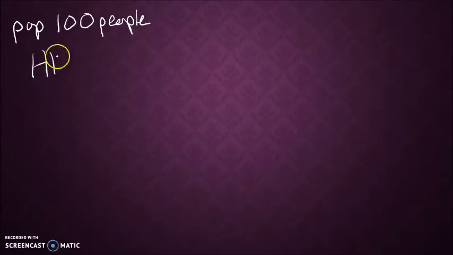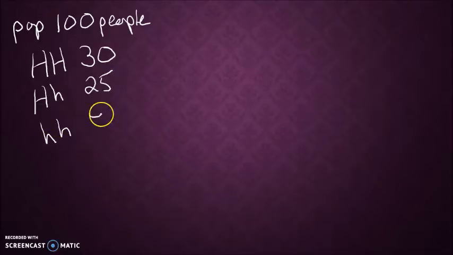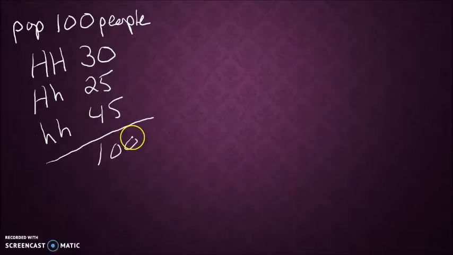Let's say that 30 people are big H, big H, 25 people are big H, little h, and for homozygous recessive, we have 45 people. So if we total that up, we've got 100 people in our population.